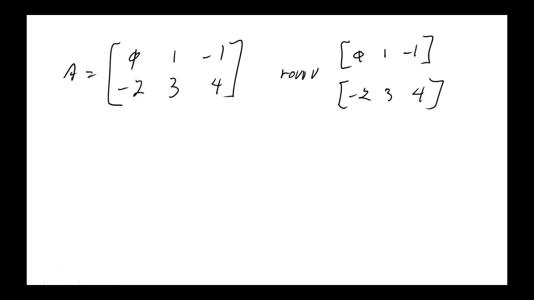They wrote them with commas, so they're writing them as vectors. Or you could have written this as 0, 1, negative 1, and negative 2, 3, 4. It's called a row vector, but okay.